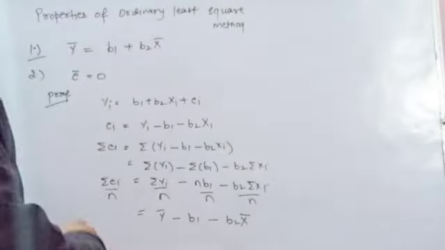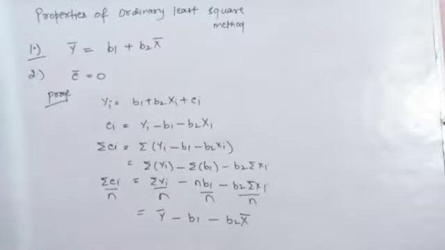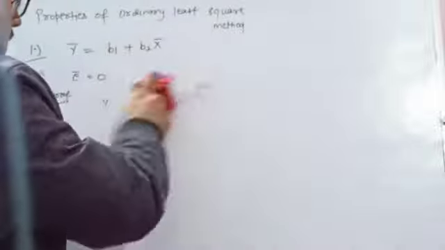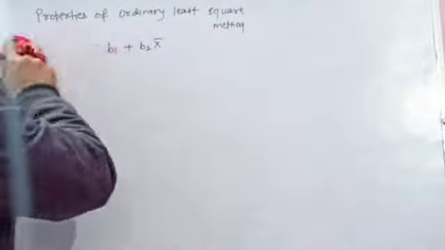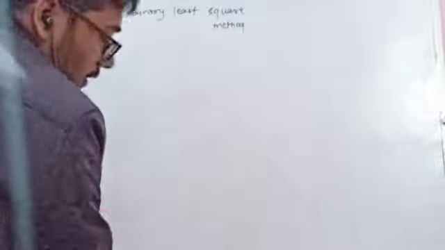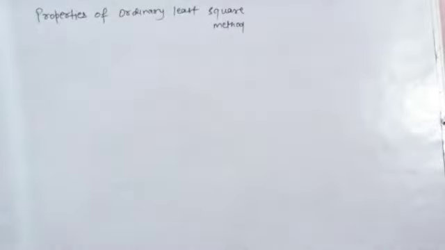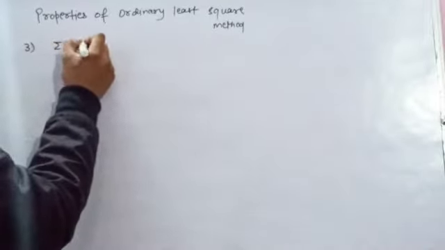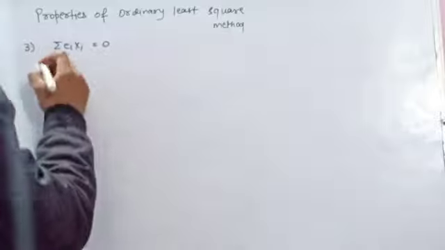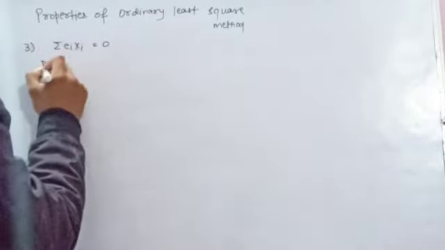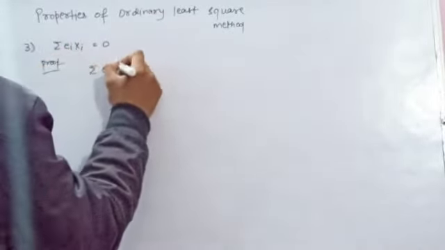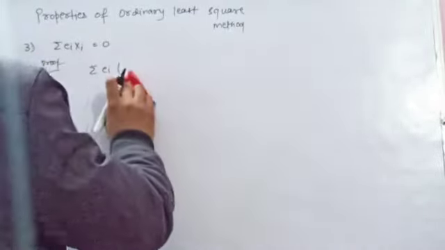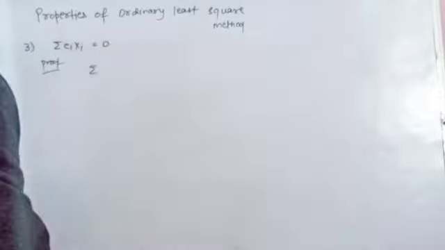So write down these two properties. Now the third property is summation ei xi is equal to 0. Now its proof: summation ei xi.